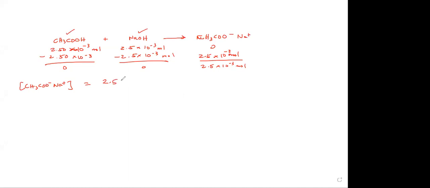So you have the number of moles divided by what? What is the volume of this? 50 mLs, or 0.05 liters, so it equals 50 mL divided by 1,000. Now you may ask yourself, where did we get the 50 mL? 25 mLs from the acid and 25 mLs from the base. Very good. So at the end, that's the total volume that you have.